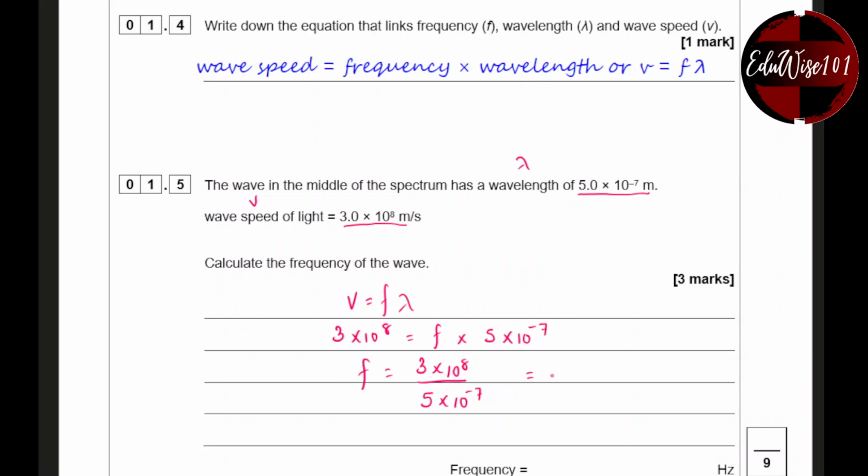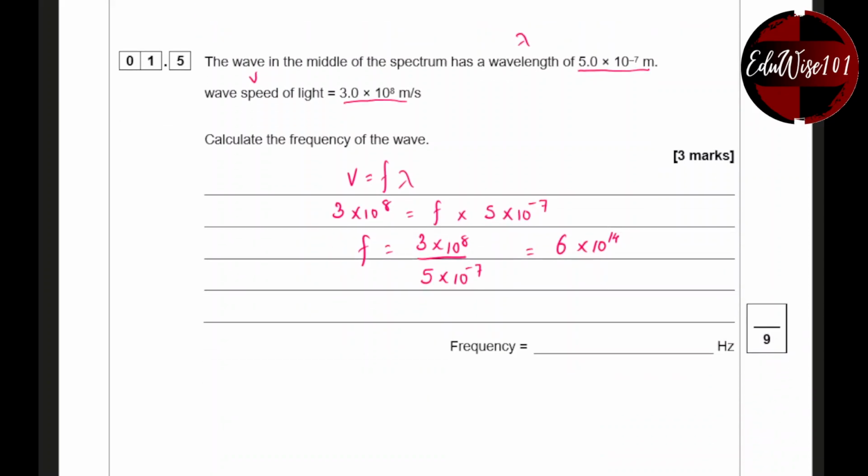That gives me a frequency of 6 times 10 to the power 14 hertz. So that's 6 times 10 to the power 14. That brings us to the end of question number 1.